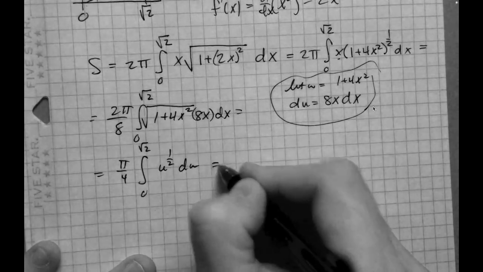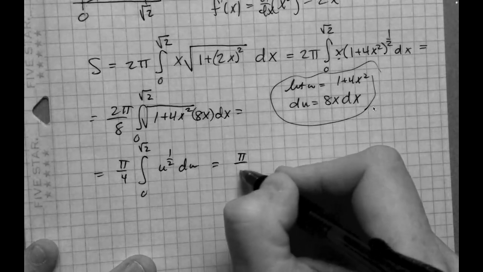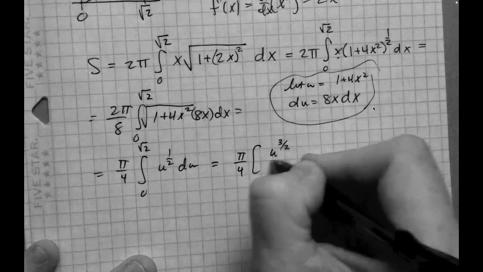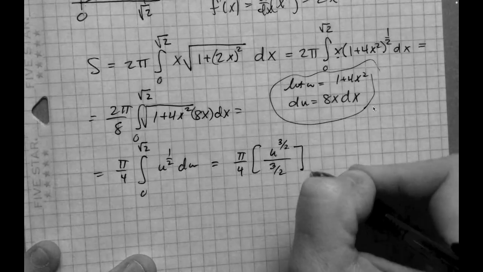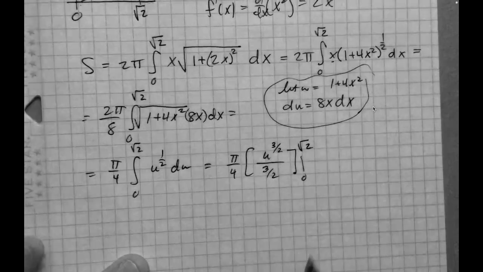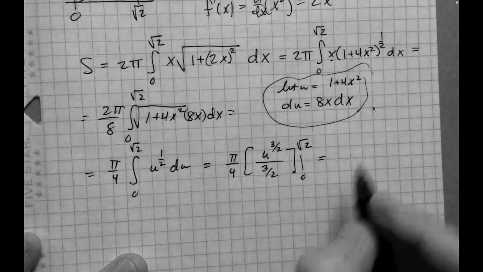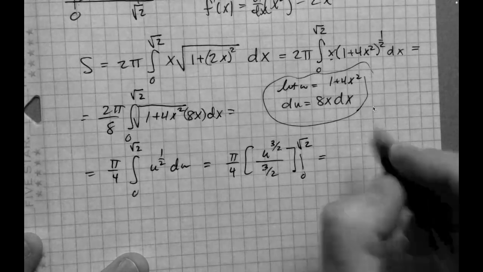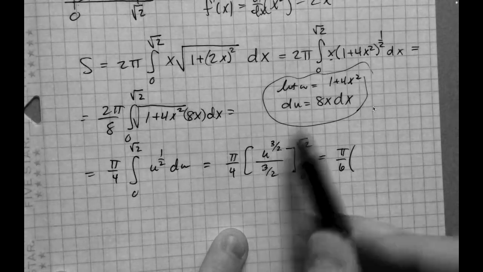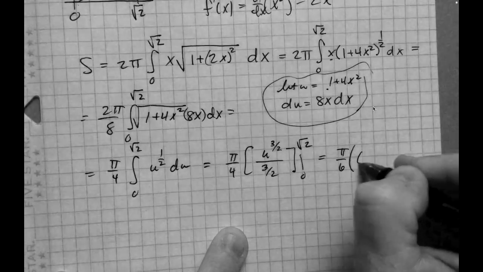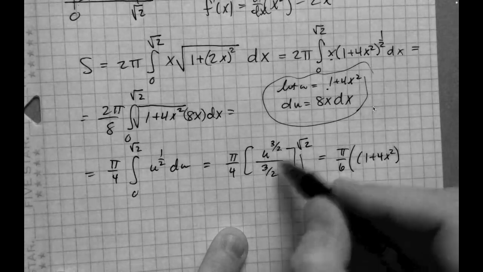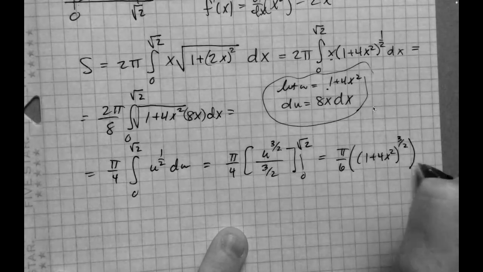And just like we've seen previously, this will be pi over 4, and then this will be u to the 3/2 over 3/2, from 0 up to the square root of 2. And so that means this is pi over 6 times, now u, remember, is 1 plus 4x squared, to the 3/2 power.